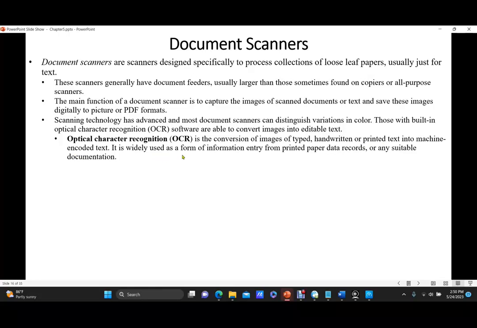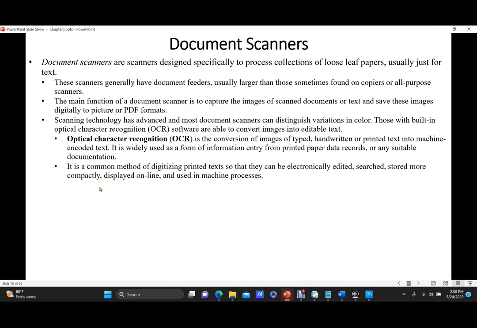It's widely used as a form of information entry from printed paper data records or any suitable documentation. It's a common method for digitizing printed text so that it can be electronically edited, searched, stored more compactly, displayed online, and used in machine processes.